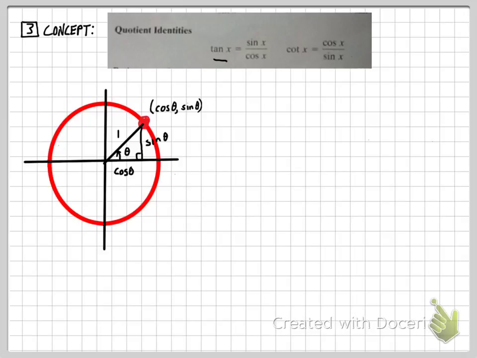In this case, the opposite would be the sine, and the adjacent would be the cosine, and that's a good way to remember where that formula comes from. To remember cotangent, you simply have to remember that cotangent is the reciprocal of tangent. So that's a good little useful trick. Think back to your unit circle if you're ever trying to remember what the tangent ratio is.